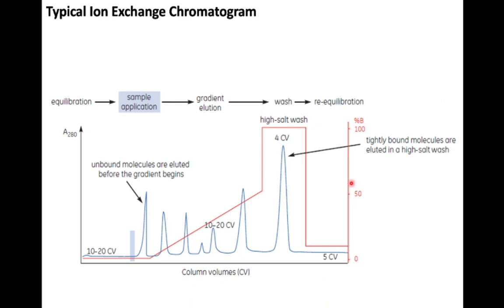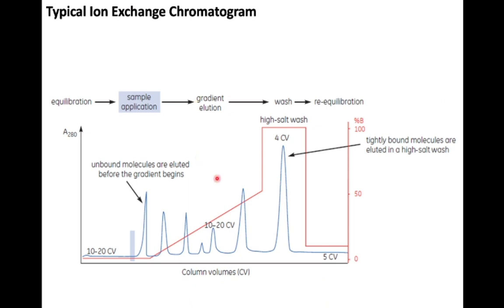If we look at this chromatogram, something that we saw before, we've washed the column with 10 to 20 CV. So we have an equilibration step, and then we add our sample to the column, and the unbound molecules are eluted before the gradient begins.